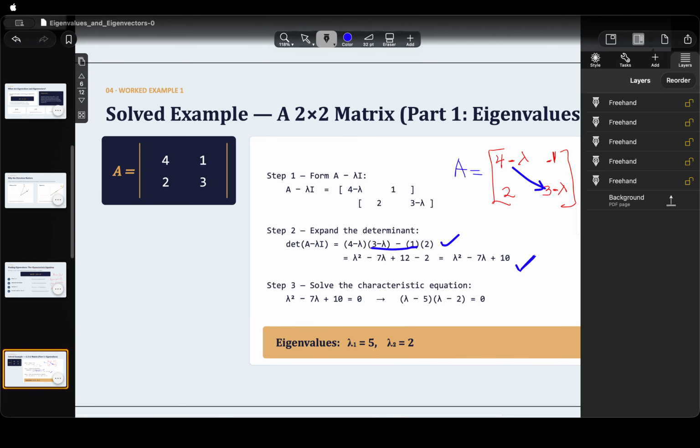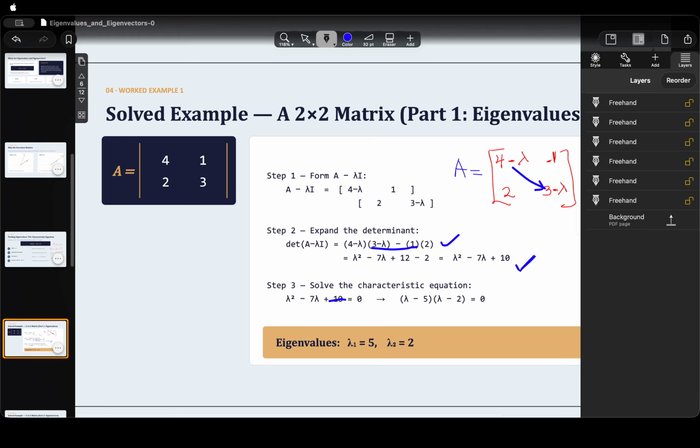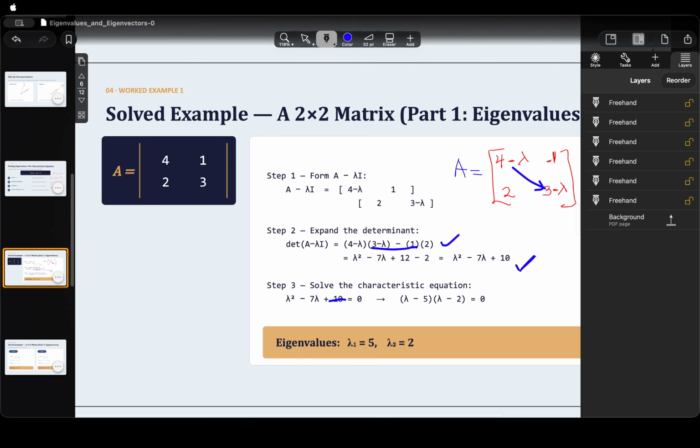Now, you need to find the values for lambda. So you can express this in terms of what? That as well. And your eigenvalues are going to give you lambda 1 to be 5 and lambda 2 to be equal to what? 2 as well.